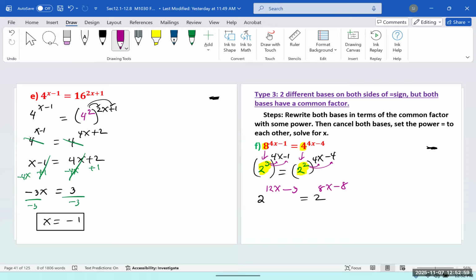And now it became the same as the first one. Same bases, so we drop them and set the powers equal to one another. We need to subtract 8x, and we're going to add 3.